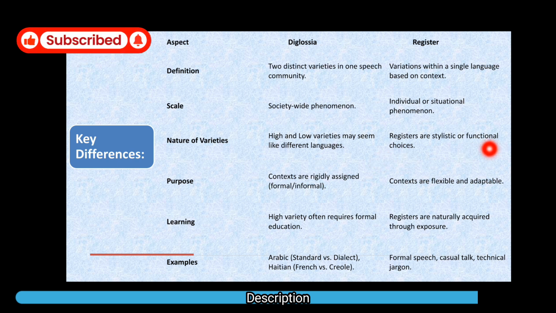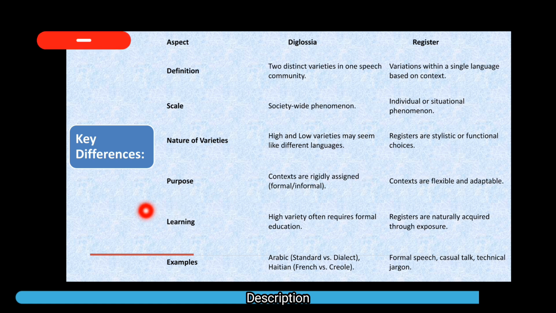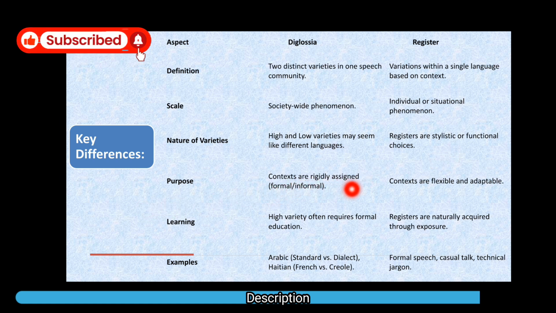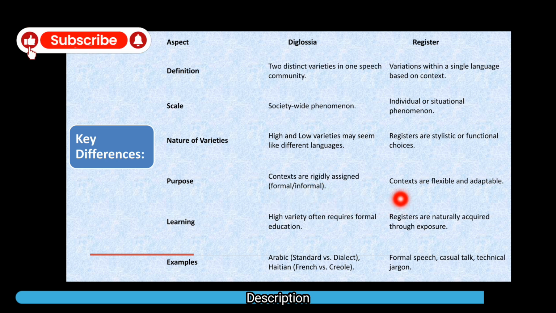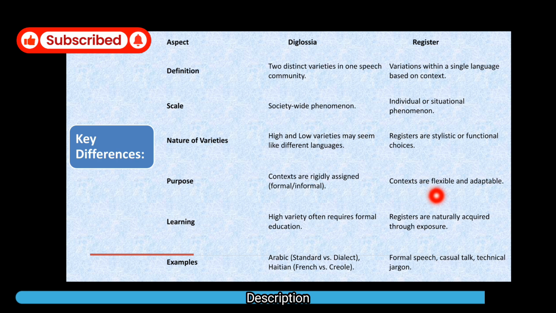So your tone and choice of words change. Purpose and contexts: in diglossia they are rigidly assigned, formal and informal. It's very rigid. It does not change easily. And in register, contexts are flexible and adaptable. Easily you can change the context and your register changes.